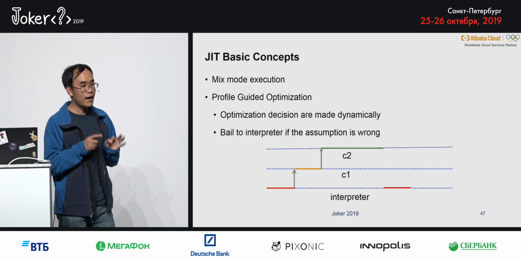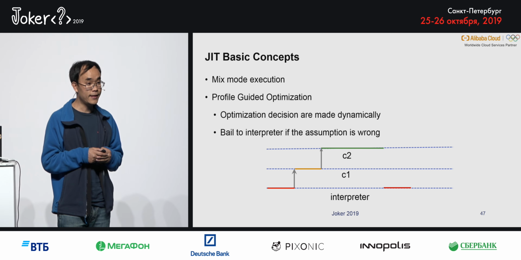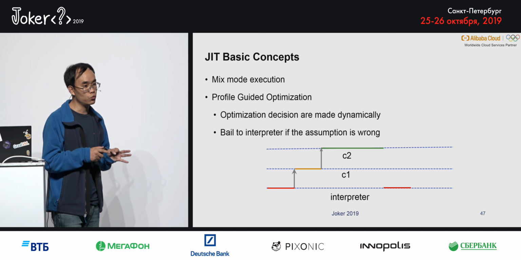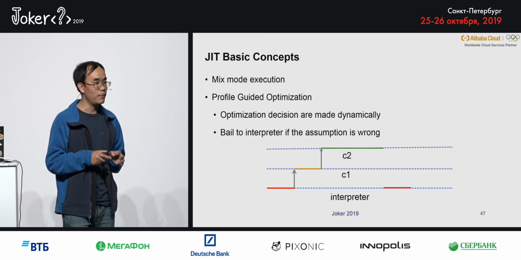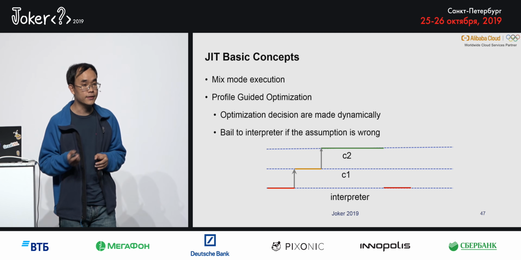C1 is faster than the interpreter, and then if you run a little longer, we transition to the C2 compiler, right? So the method will be compiled by C2, and C2 is much faster than C1 and the interpreter.